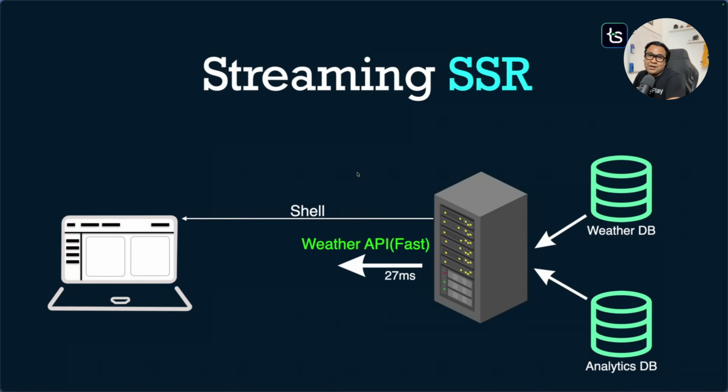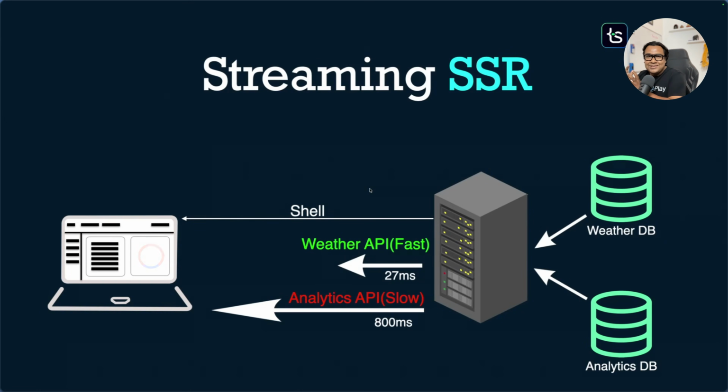Now we start the API responses. We get the Weather API. As soon as the Weather API completes, because this is fast, the UI starts getting created. Then the slowest API comes, and the UI renders that part too. So compared to our traditional SSR, we have a low time to first byte, and FCP is also quite low.